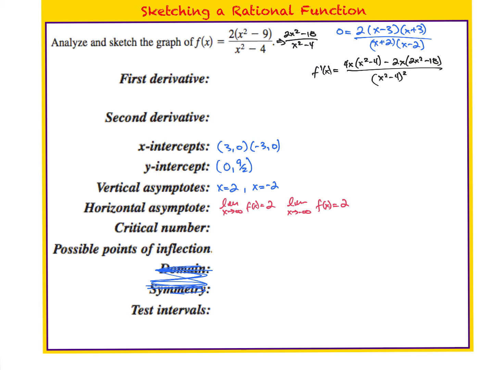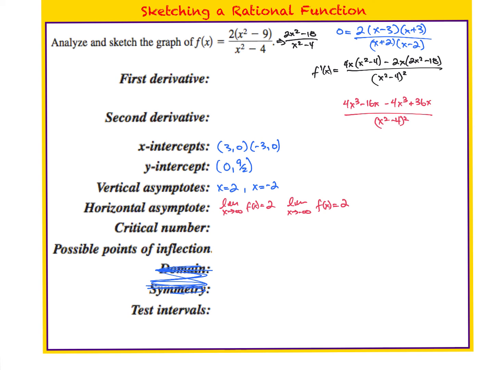All right, let's combine like terms after we distribute. So when we distribute, we're left with 4x cubed minus 16x, and then minus 4x cubed, and then plus 36x, all over x squared minus 4 squared.